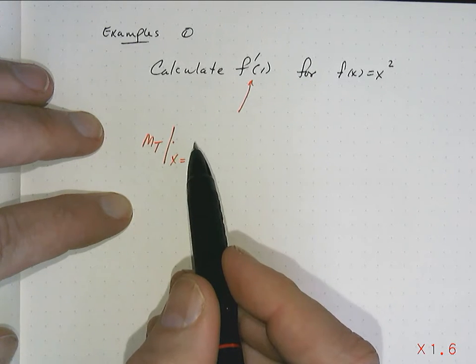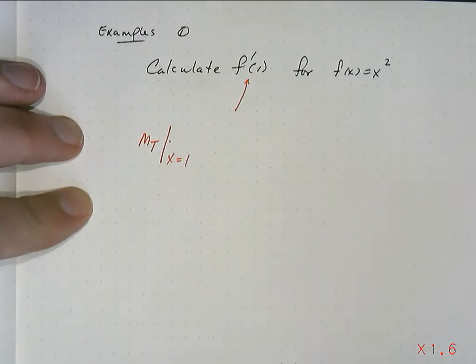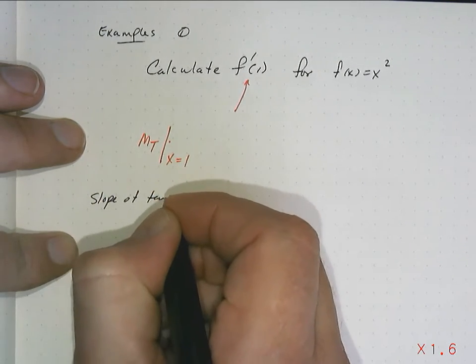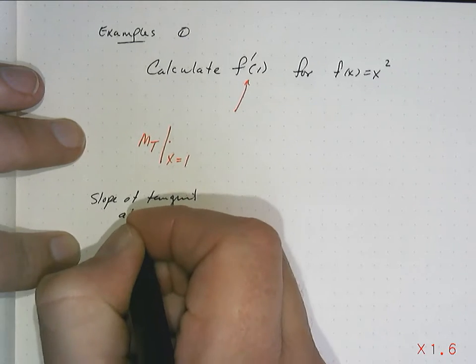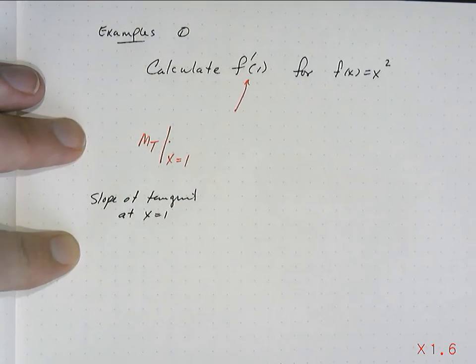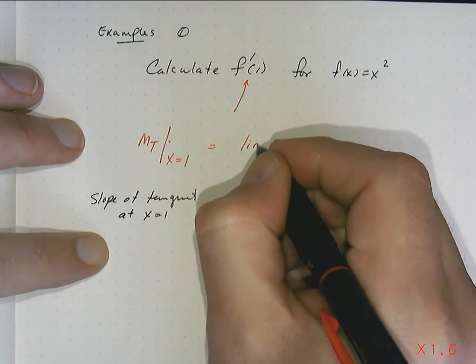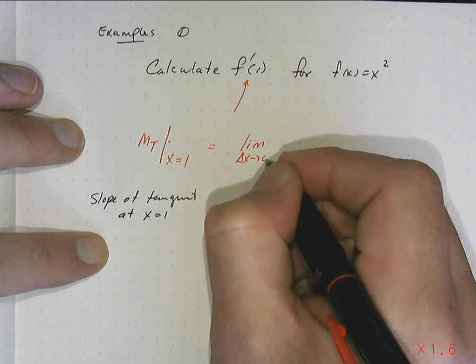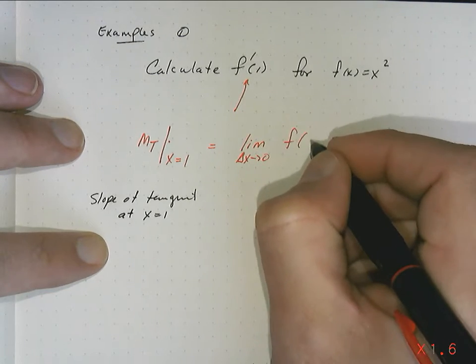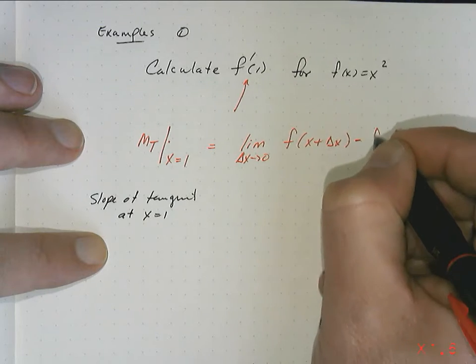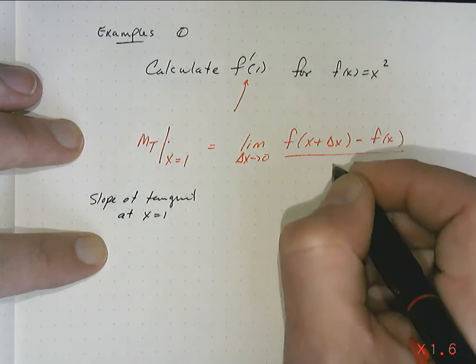So that is a way of saying exactly the slope of the tangent at x equals 1. And you have to know that that is by definition the limit as delta x approaches 0 of f of x plus delta x minus f of x over top of delta x.